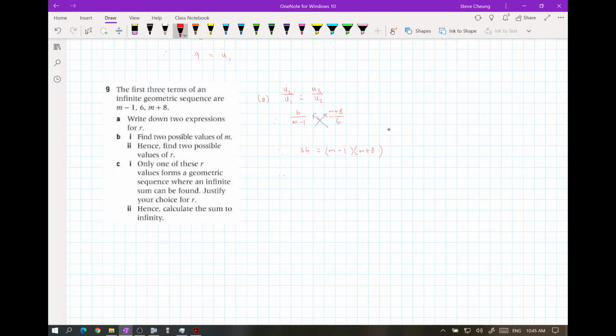And for geometric, usually you end up with some sort of quadratic equation. So let's expand this out. Let's write this a bit nicer. And then we have m squared plus 7m minus 8. I'm also going to drag the 38 to the other side so that I set this equal to 0.